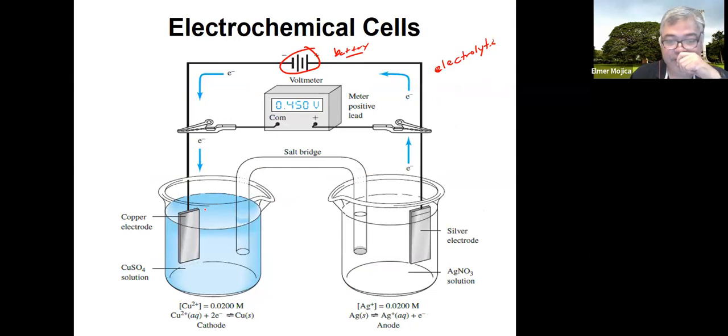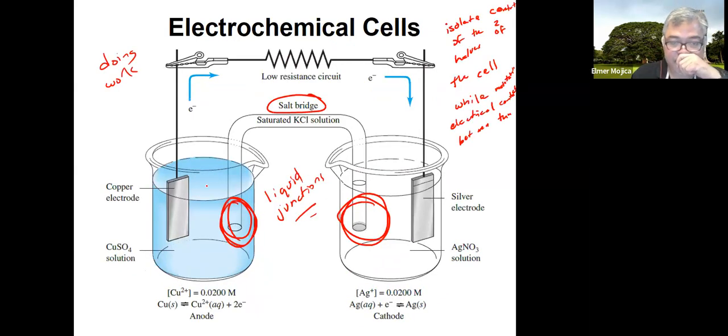The copper, let's go on this one first, and the silver electrode. Here the electrons are the carrier of charge, moving from the copper going to the silver electrode. That's where there's conduction in the cell.